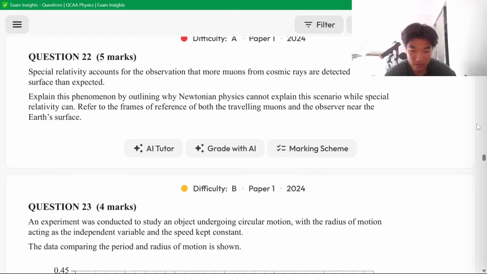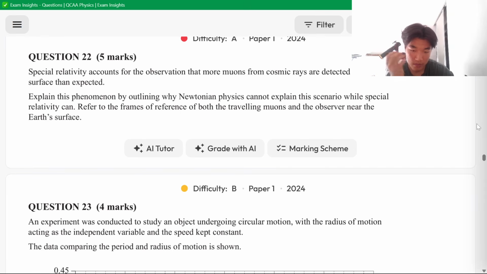And because of that, however, special relativity, or no, I should say what observations occur, right? However, more muons reach the Earth's surface than Newtonian physics predicts.